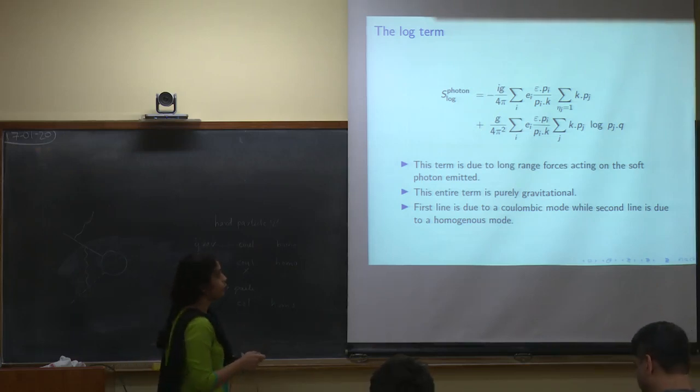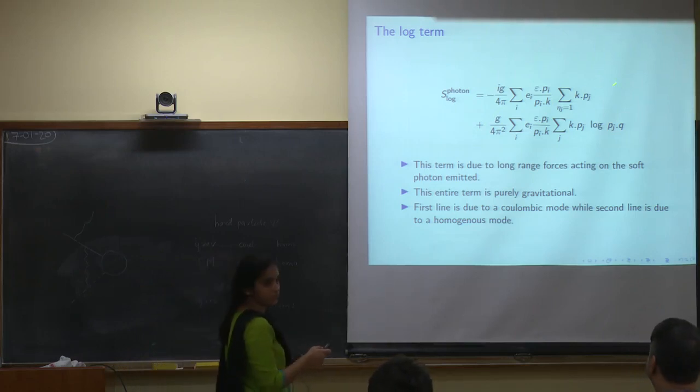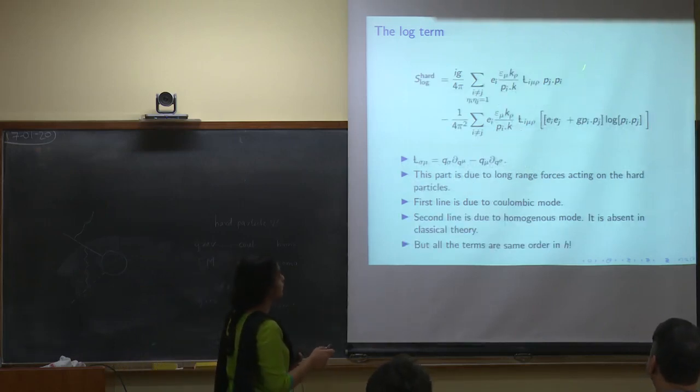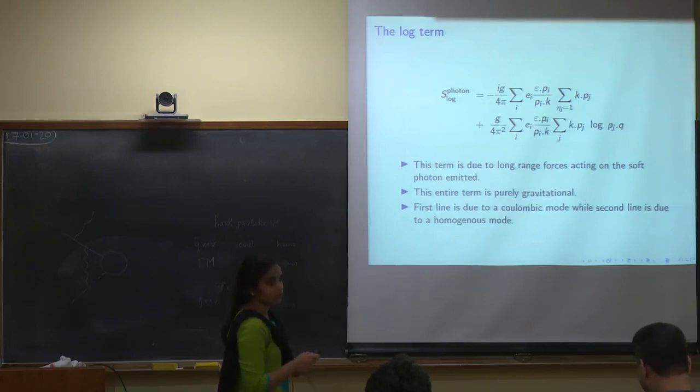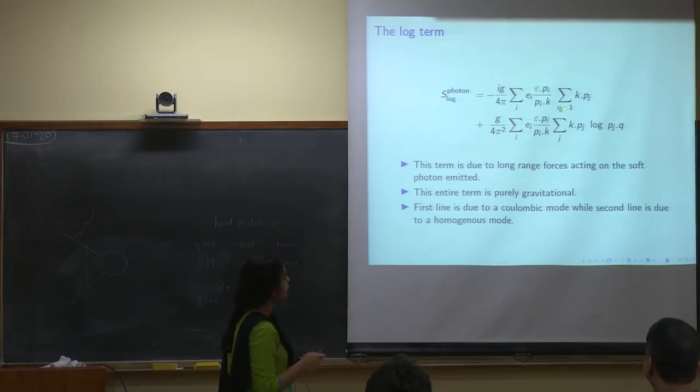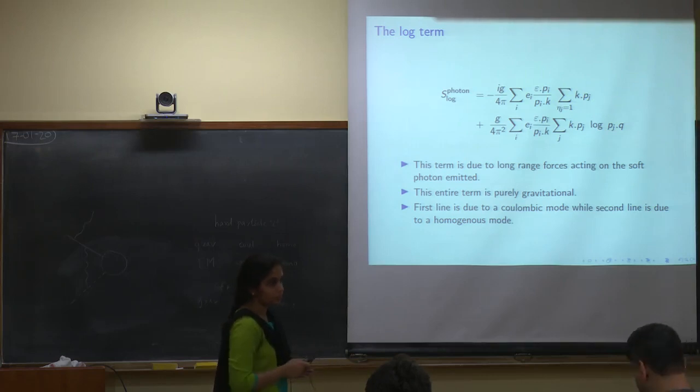So you see here there is a k dot pj. Here there is a pj dot pi. So this pj is replaced by k. What is k? k is the soft photon momentum. So actually here it depends only on the angle. The omega will just cancel. So everything has to depend only on the angular momentum of the photon.